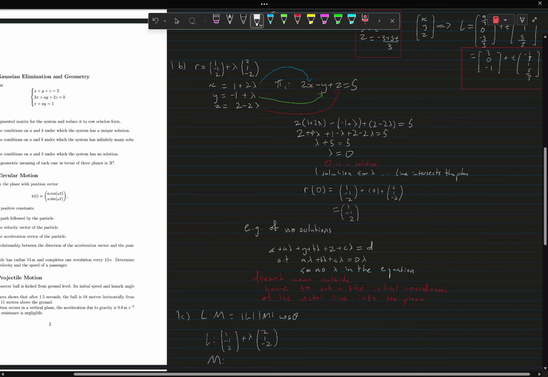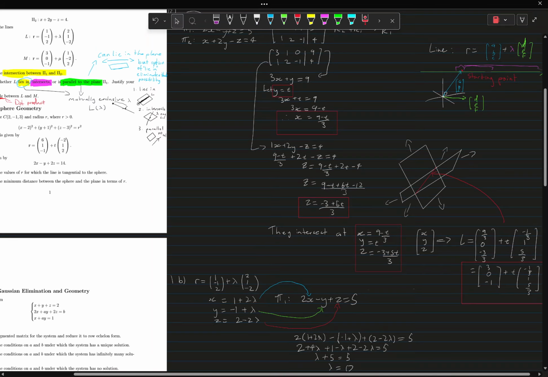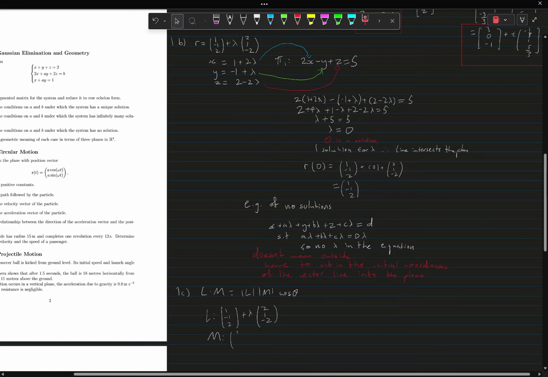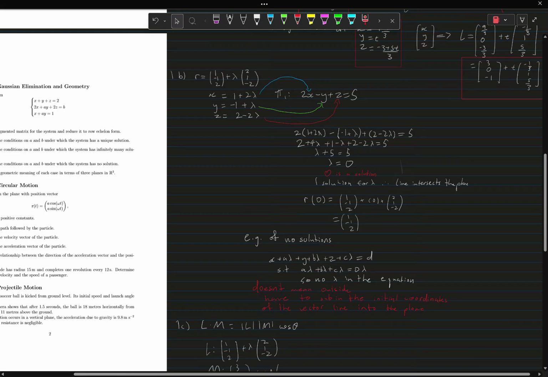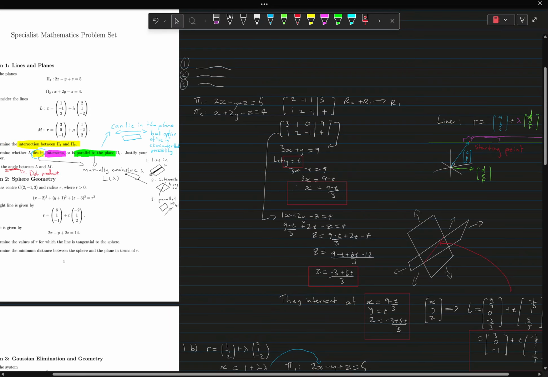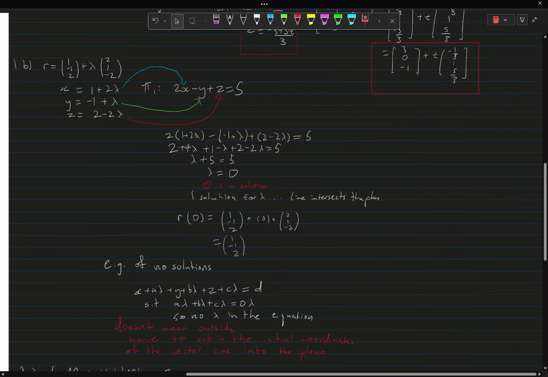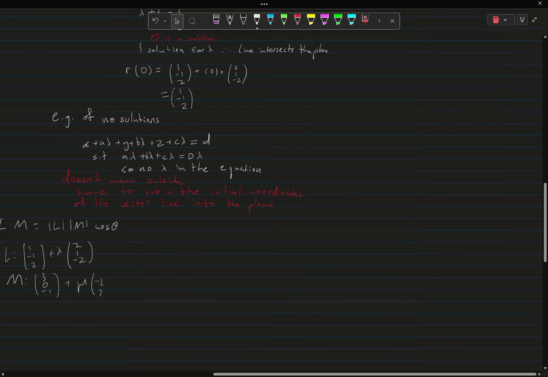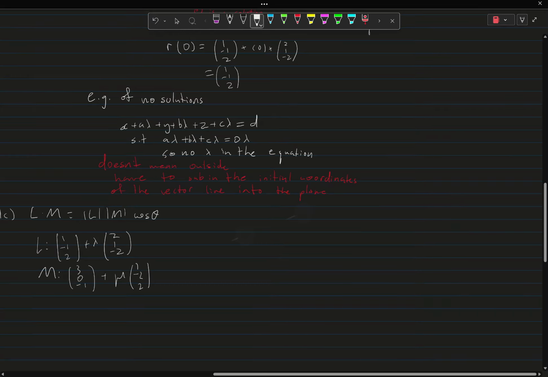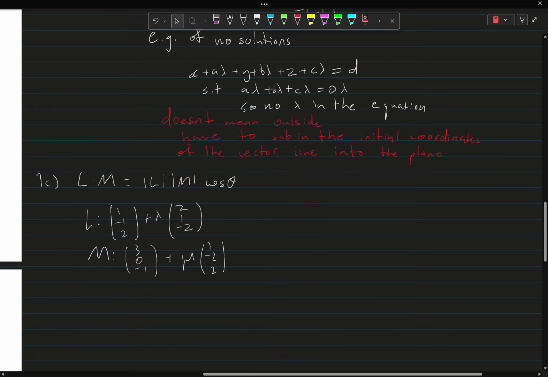And M, the equation for M is 3, 0, -1 plus mu 1, -2, 2. Okay, so we've got a bit of a problem here because we've got two vector components in each of the line equations.